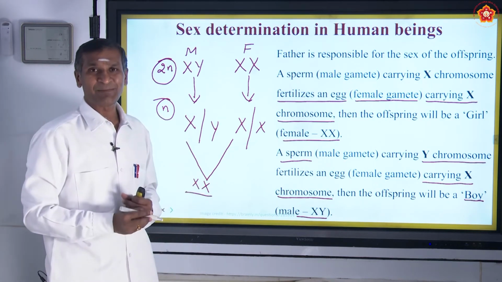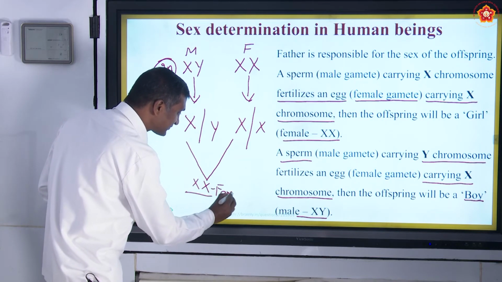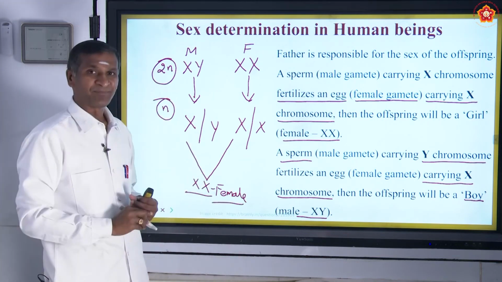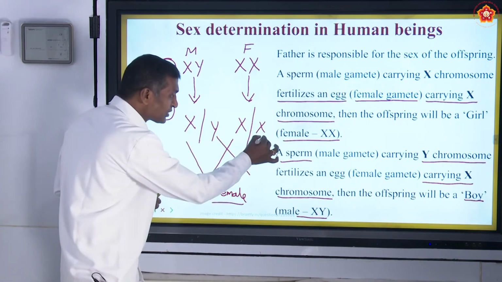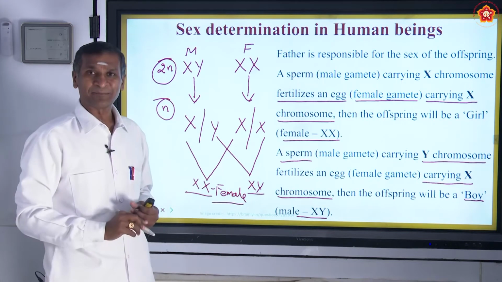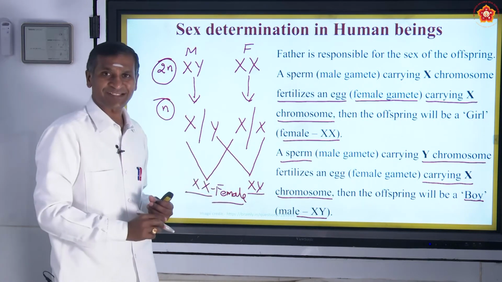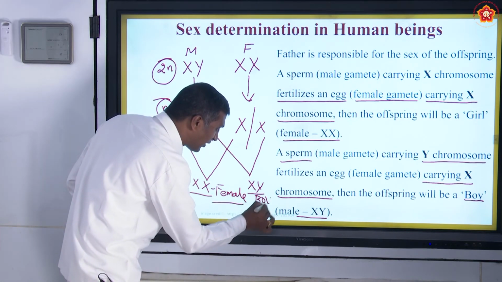Then which child will be born? Female. It will be female. If the Y of the male combines with X of the female, then it is XY. Then it is heterogametic. Then the born child will be a boy or male.